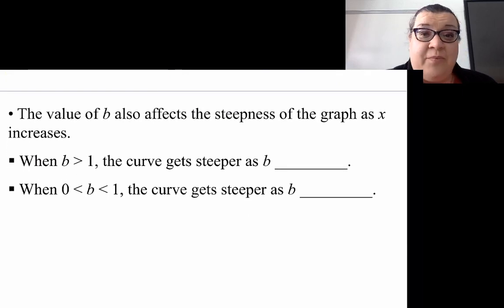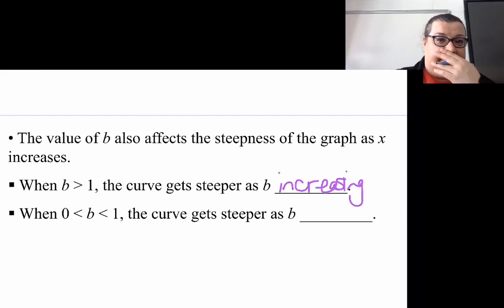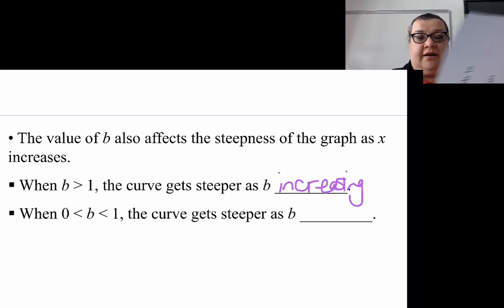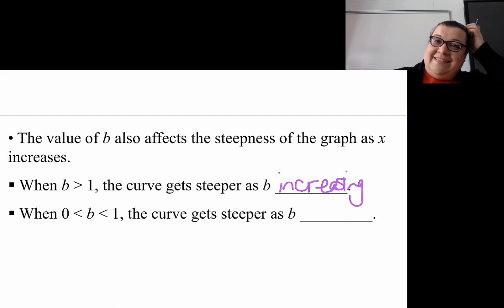All right, now when we change the values of b, the curve gets steeper as b increases. So the bigger the value of the base, the steeper the exponential curve is. And the curve gets steeper when b is a decimal as b decreases.